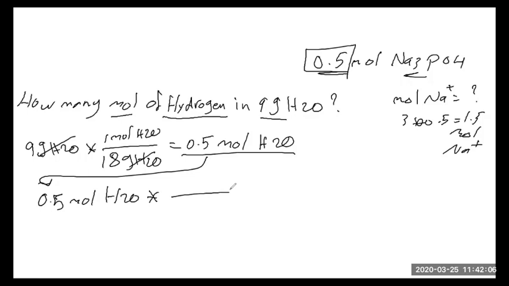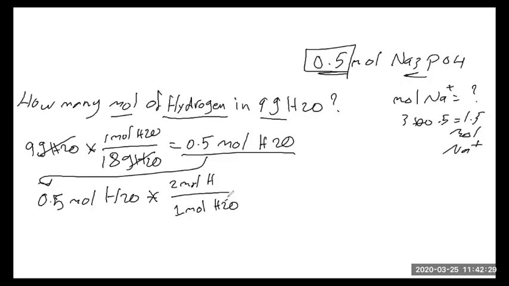What is the ratio between the atoms in the molecule? I have 2 hydrogen. Where do you have to put the hydrogen? On the top. So it will be 2 mole hydrogen for every 1 mole H2O.